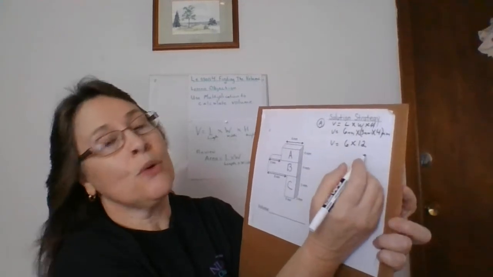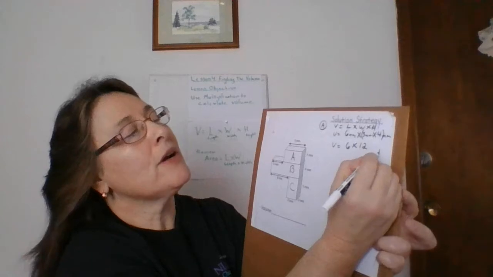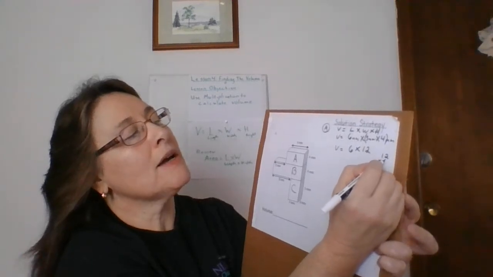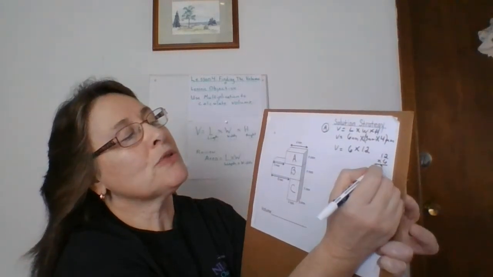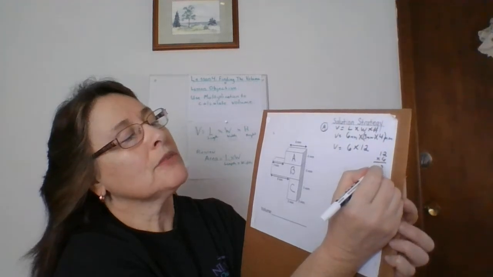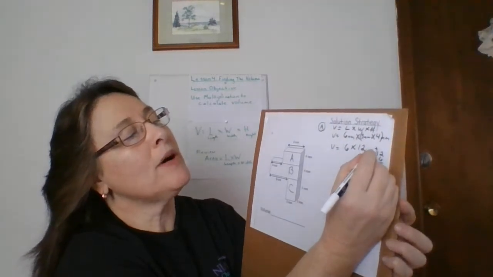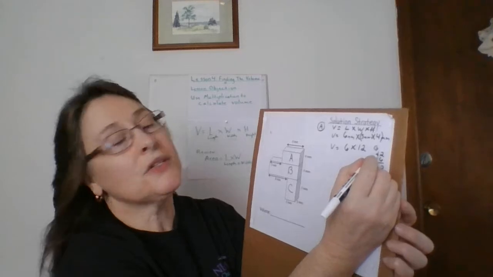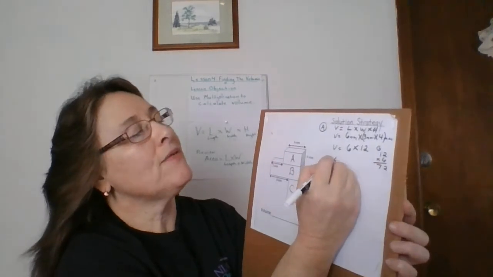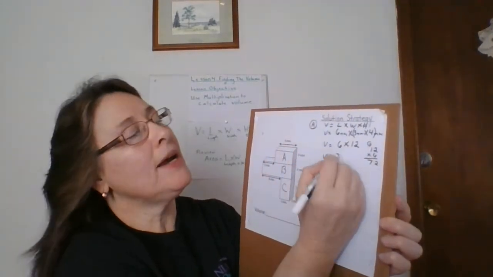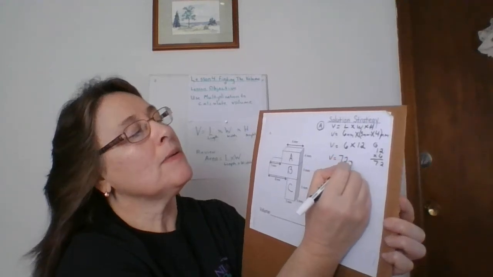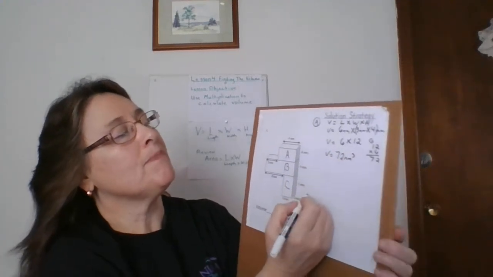But if I don't know that mentally, I could do it over here on the side. We could do 12 times 6. 6 times 2 is 12. Carry the 1. 6 times 1 is 6, plus 1 is 7. So my volume for box A is 72 millimeters cubed.